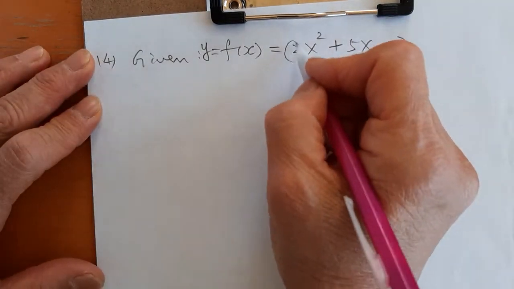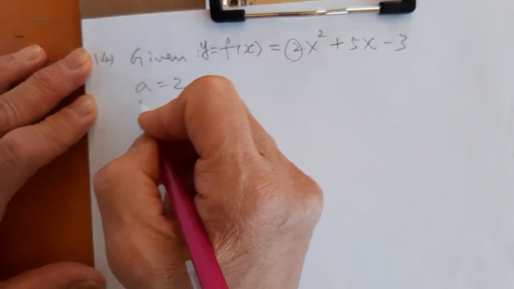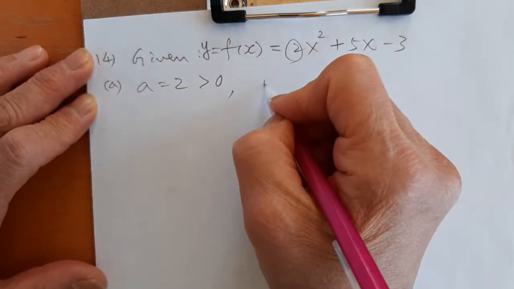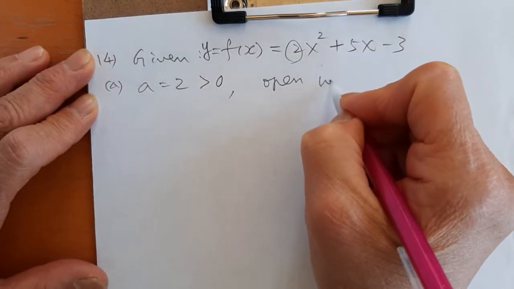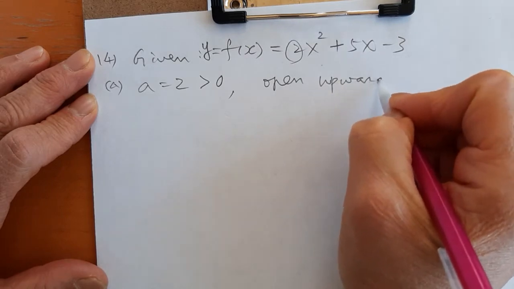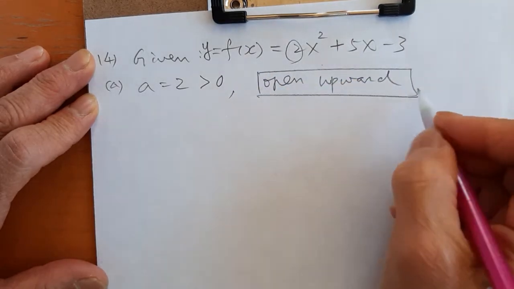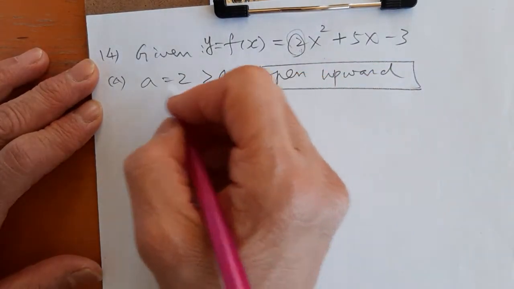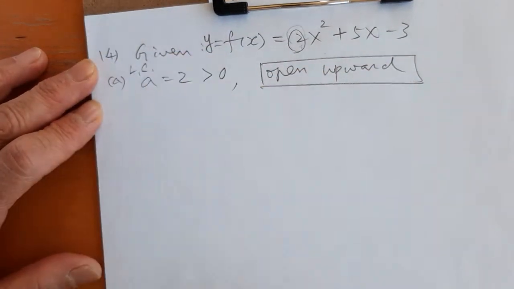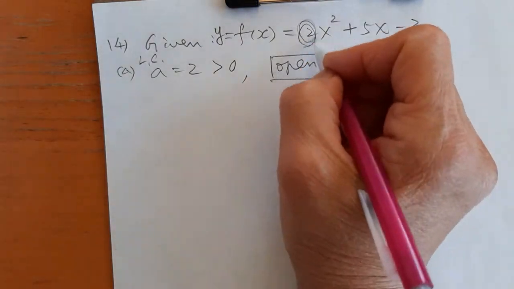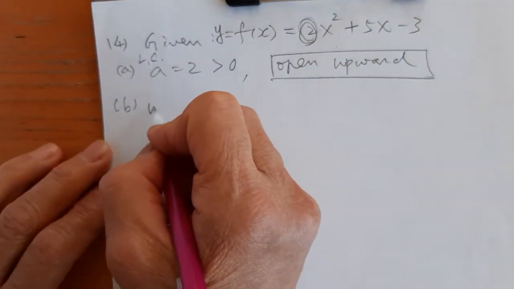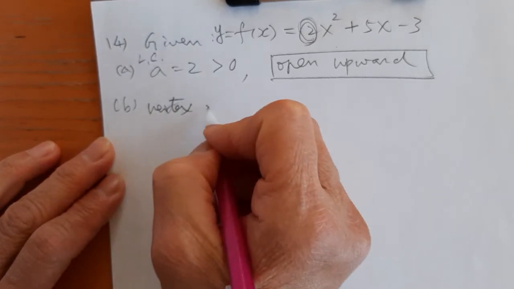First of all, a is 2. A is positive, so it opens upward. This a we call the leading coefficient. If the leading coefficient is negative, it opens downward. If positive, it opens upward.